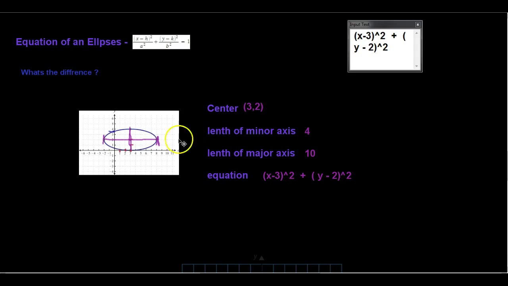Now we can find the stretch factor. The stretch factor on these two is determined by the axes here. It's not going to be the whole length, it's actually just half the length. For our minor axis, which is also our vertical axis, it's going to be 2 long. So 2 squared in this case happens to be 4, so under that we're going to put 4.